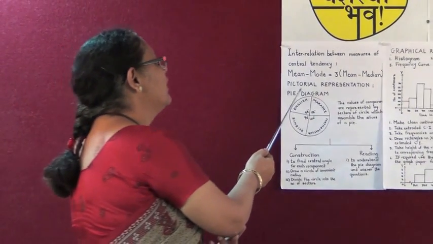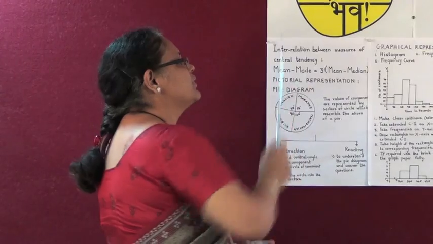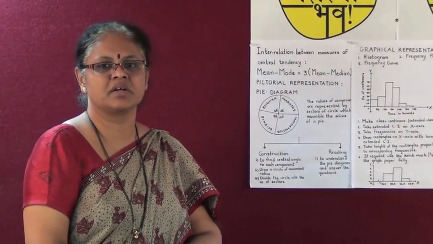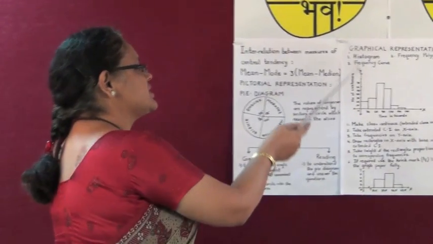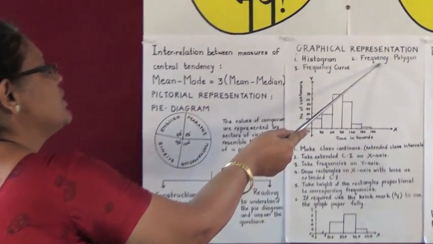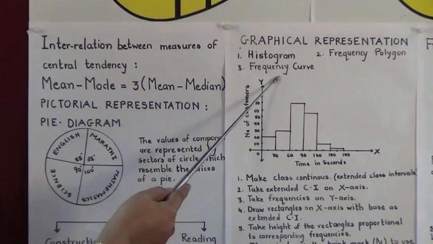After the pictorial representation, let us come to the graphical representation of the statistical data. This has been given to you in three ways: histogram, frequency polygon, and frequency curve.